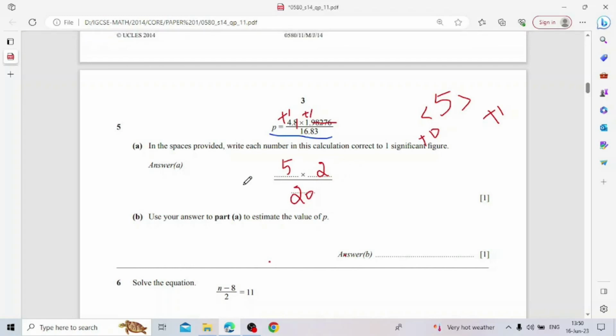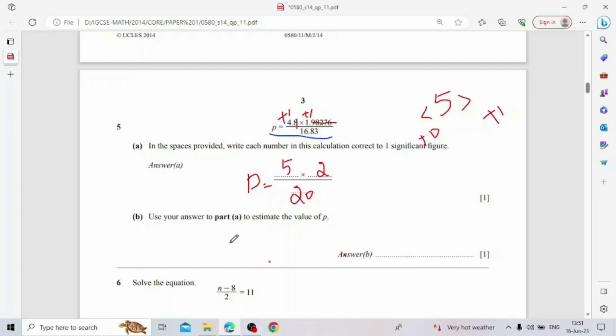Now next, B over there. Use your answer to part A to estimate the value of P. Now we are going to get the simplified value for P. How do we simplify the value of P?